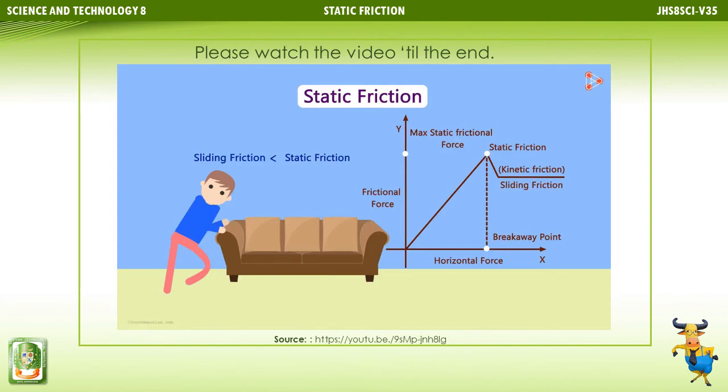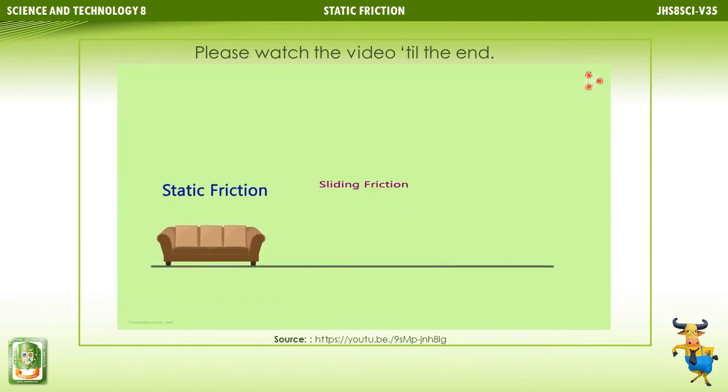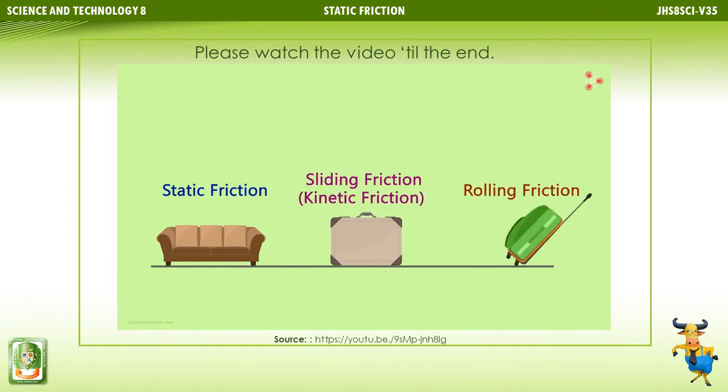That was the concept of static friction for you. So we've seen three kinds of friction so far: static friction, sliding friction, and rolling friction. Can you place them in the increasing order of force being applied by each? Yes, static friction is more than the sliding friction, which will be more than the rolling friction.